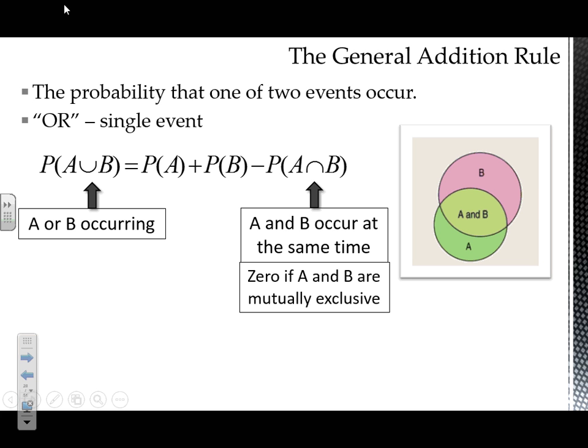What do you mean? Like, wouldn't there be a 100% chance you'll get A or B? Well, not necessarily. If we think of this picture, we have event A, we have event B, and this box around here is our sample space. There might be 100 different outcomes in the total sample space.